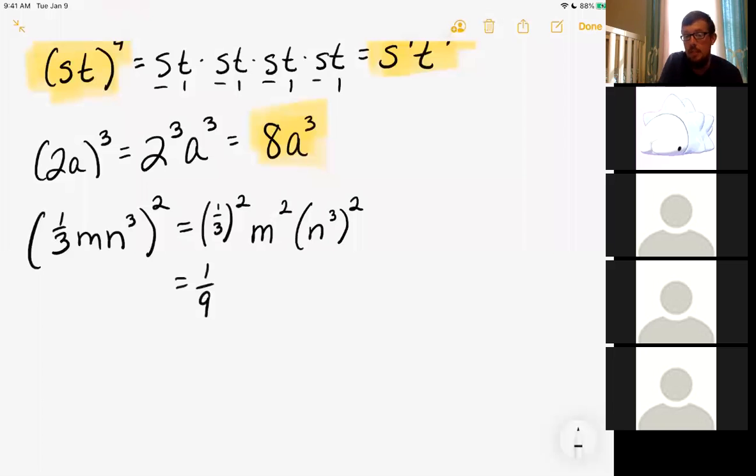Then we just got m squared. And finally, we have n cubed squared, which is going to give me n to the sixth. Good.